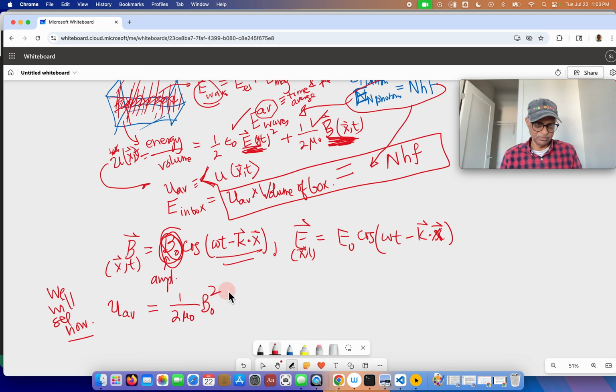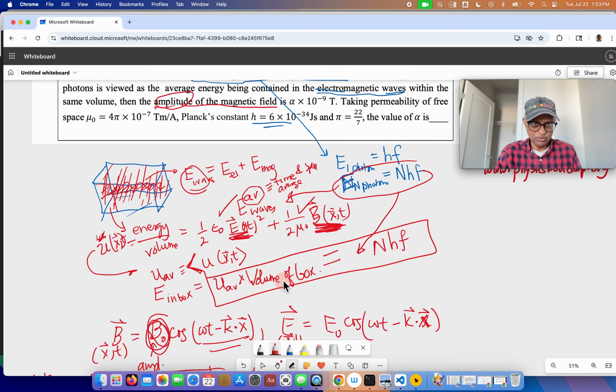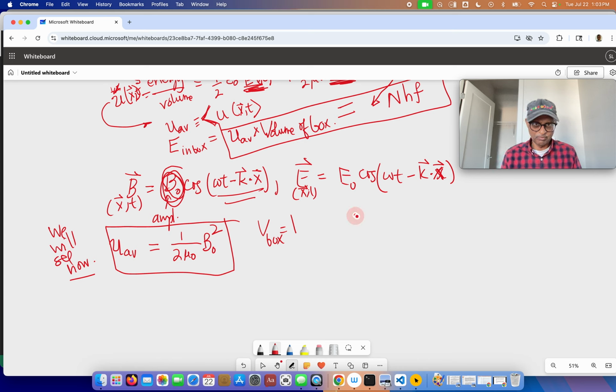Now, if you remember this, then everything is very easy. The volume of the box is, in this case, one unit, and everything is in SI, so it's 1 meter cubed. So 1/2 mu naught B0 squared times 1 equals nhf.